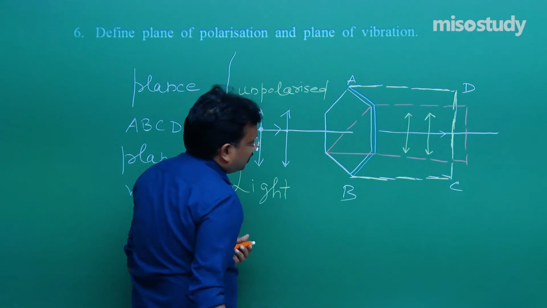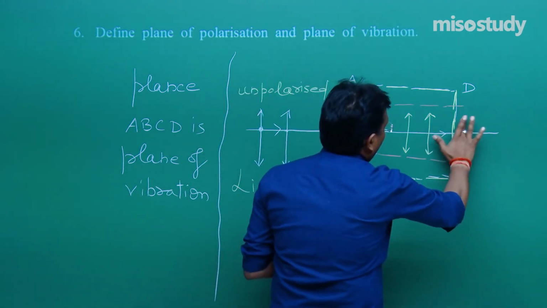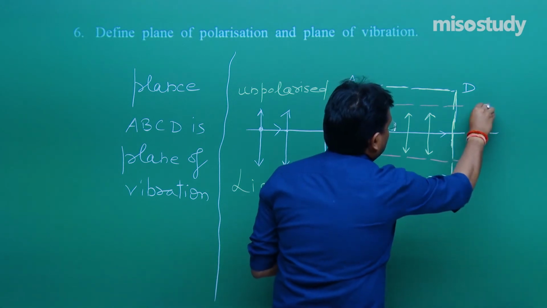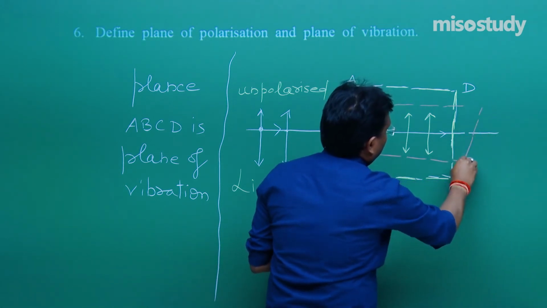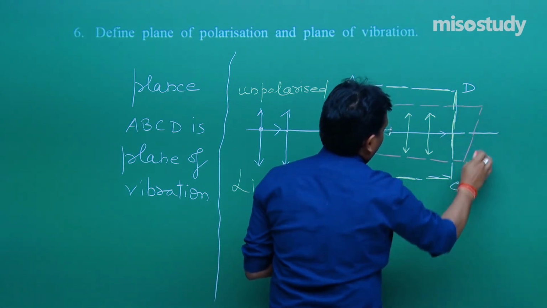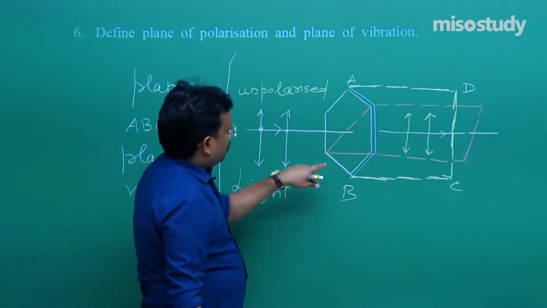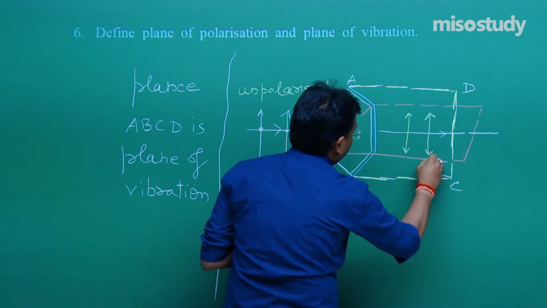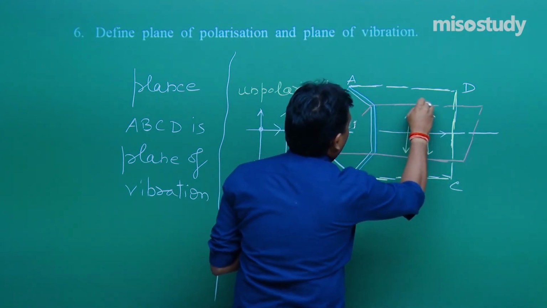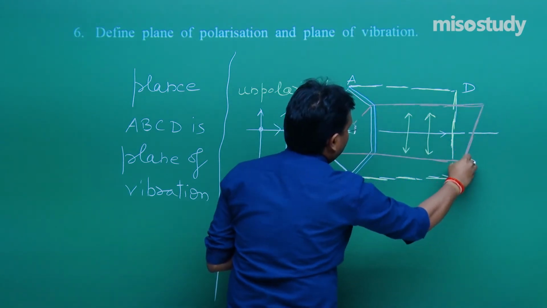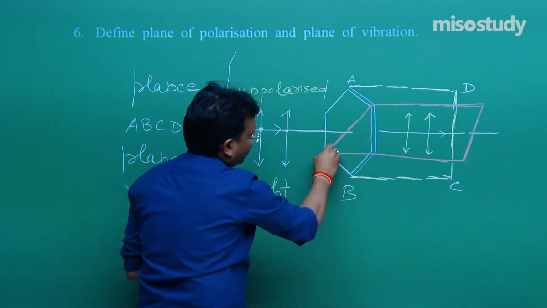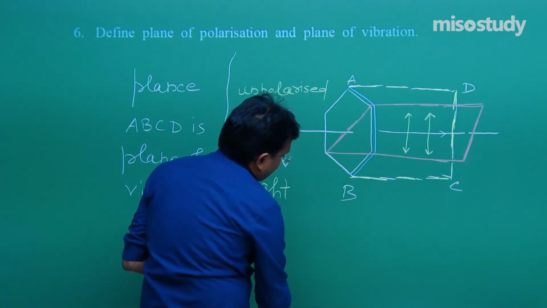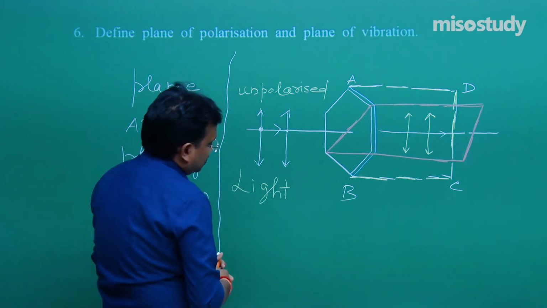Now let us make it more beautiful. So, now this red plane is what? This red plane is the plane of polarization.